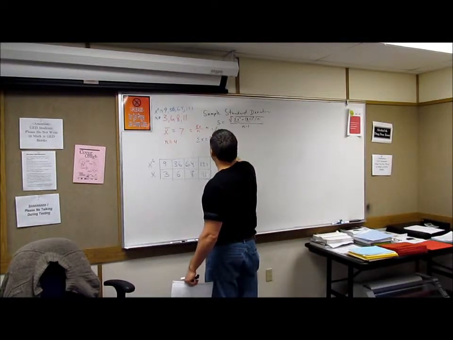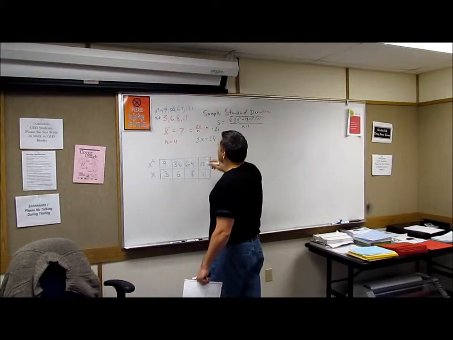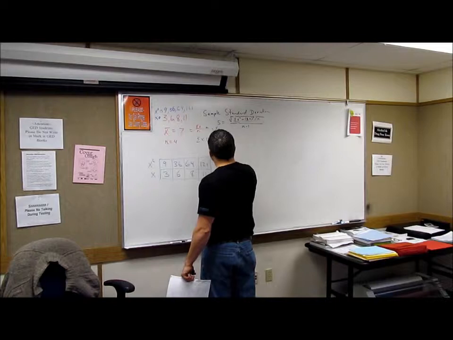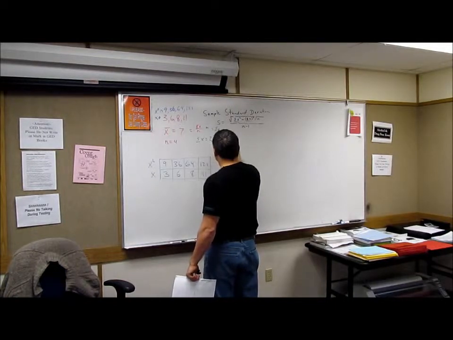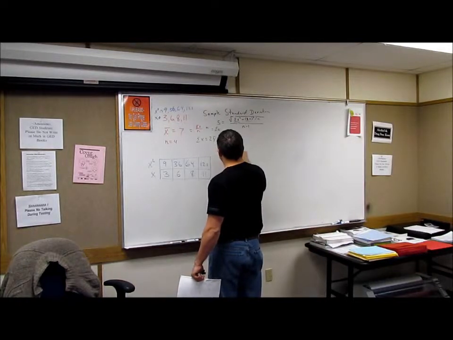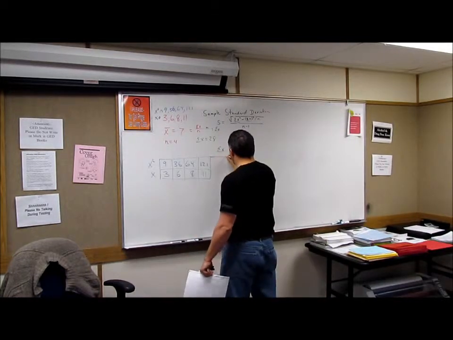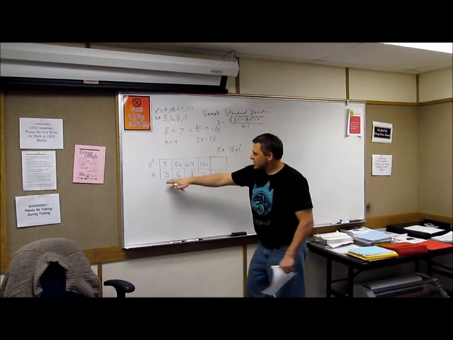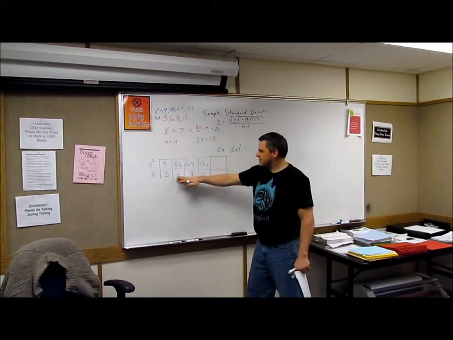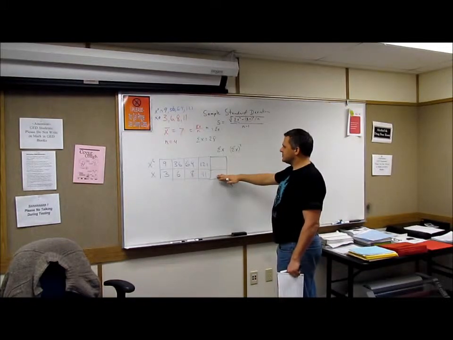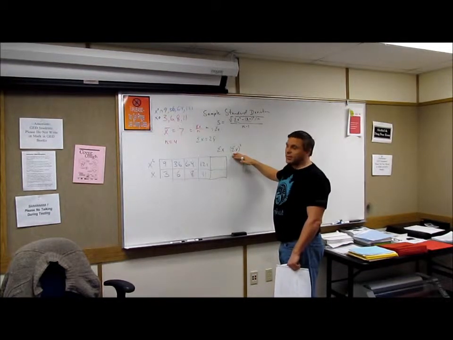You get 28. Okay? So what I like to do is put the sum of x here and the sum of x squared here, adding on to this thing. So right here I put in 3, 6, 8, 11, the sum of the x's, and then the sum of the x squared.